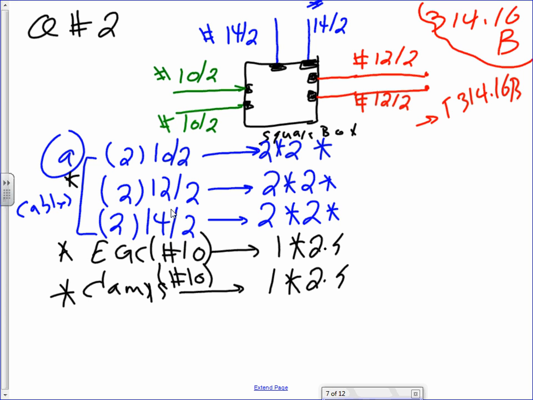And then after that, you need to accommodate for the cubic inch. So then times 2.5 cubic inches. This number is coming from 314.16(B). Then that's for number 10. For number 12, this number becomes 2.25.